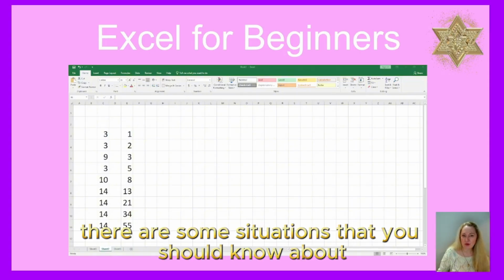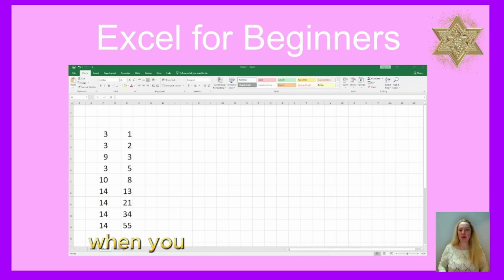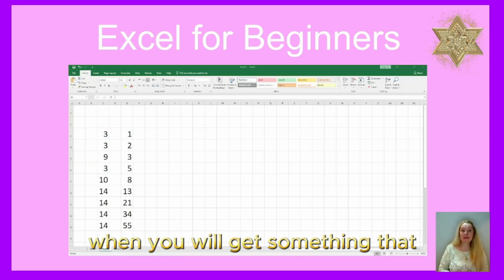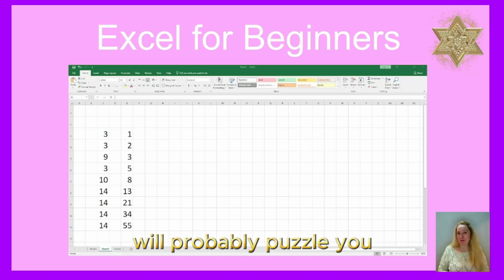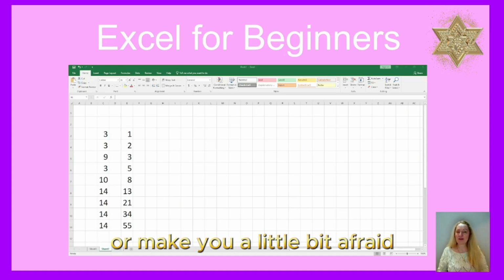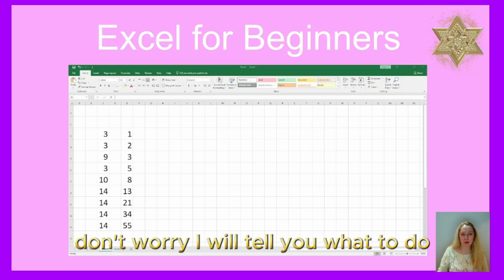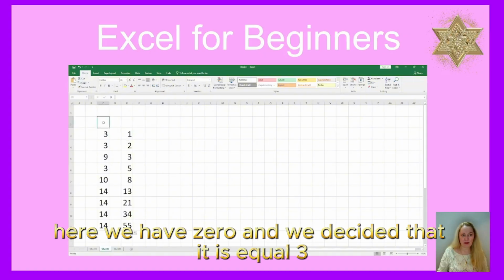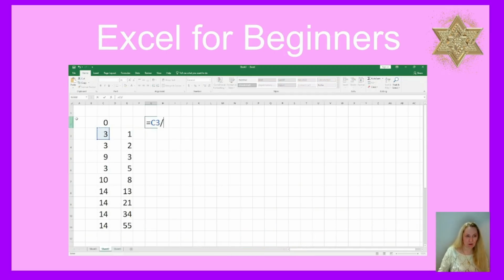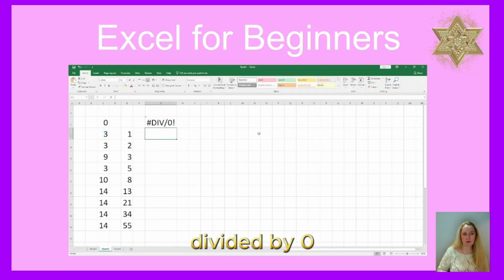There are some situations that you should know when you will get something that the first time you see it will probably puzzle you or make you a little bit afraid. Don't worry, I will tell you what to do. For example, here we have 0, and we decided that it is equal 3 divided by 0.